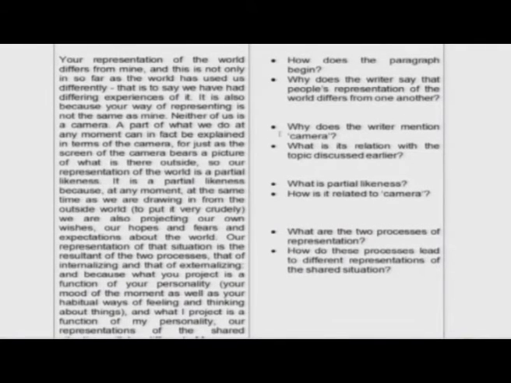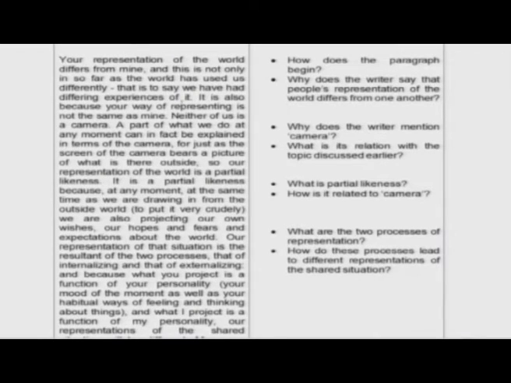Then we come across the word camera. So, the question is, why does the writer talk about it, and what is its relation with the topic discussed earlier? We have earlier seen that the topic is representation of the world. So, the question is, why does the writer talk about camera and how is it related to this topic?